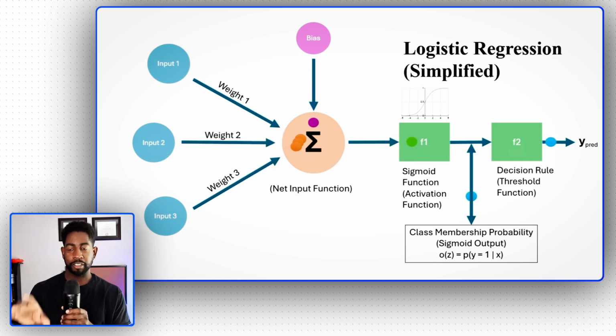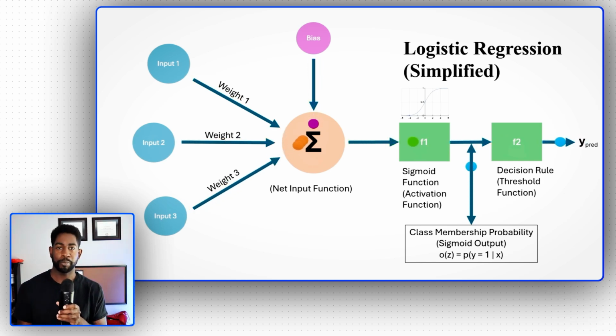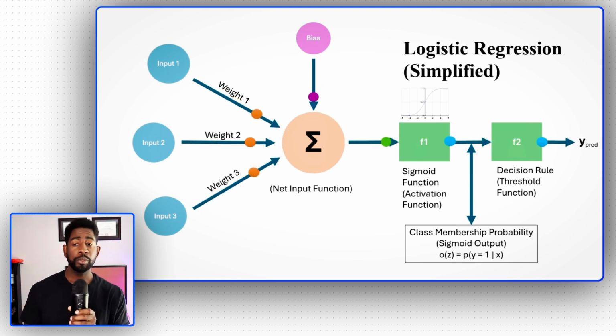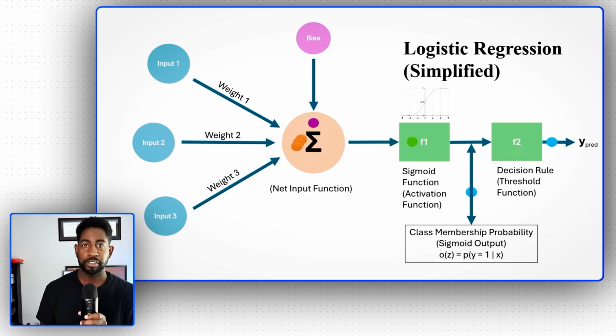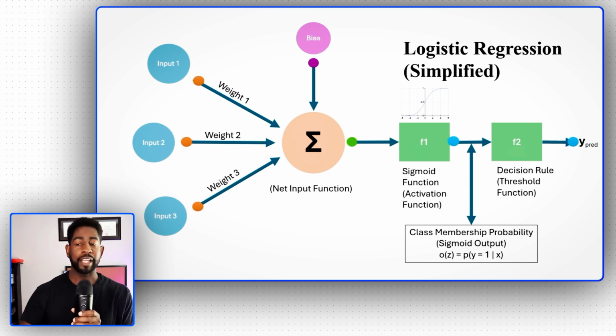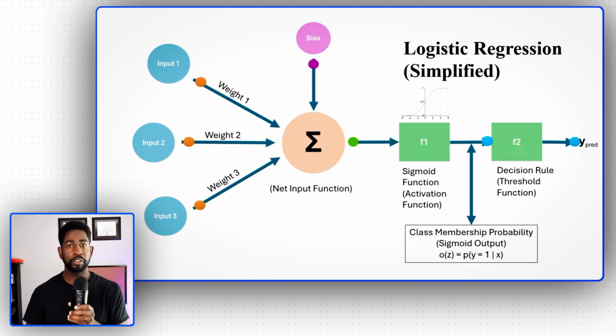Okay, let's look at logistic regression. So this is a logistic regression model, a simplified model. And as you can see from the videos on the Perceptron, it's very similar to the Perceptron with some slight changes. We see the same similarities where we have input, so we'll call that X, and the input gets a weight applied to it as it goes through the net input function, and then a bias also goes to the net input function.